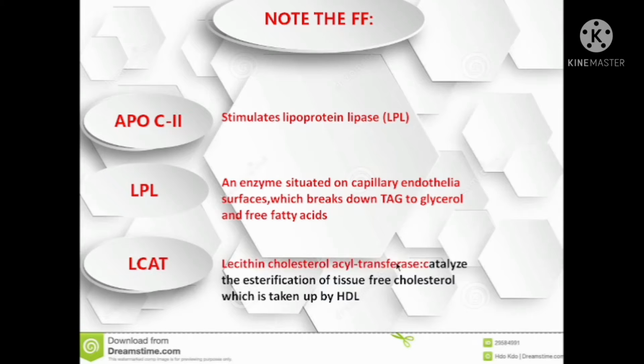The next one is LCAT. LCAT's full meaning is lecithin cholesterol acyltransferase. It catalyzes the esterification of tissue free cholesterol, which is taken up by high density lipoprotein, HDL.